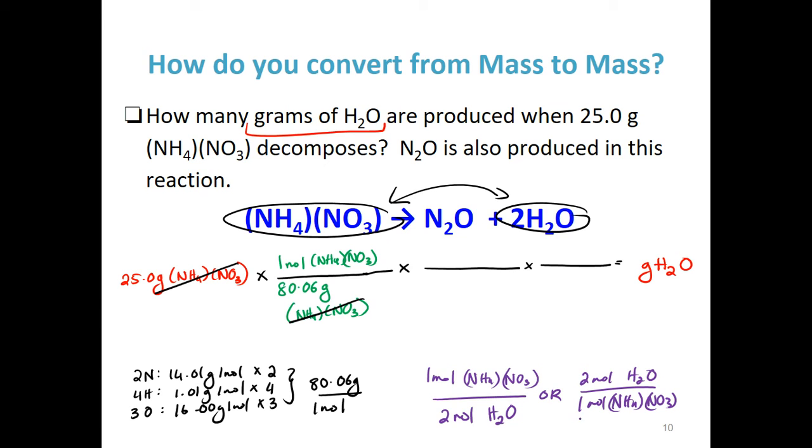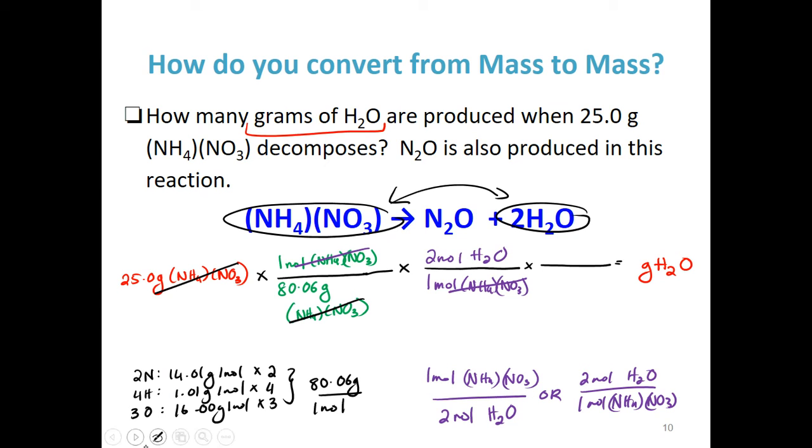So that means I need to use the conversion factor that cancels out moles of NH4NO3. That's going to be the second conversion factor. So 1 mole of NH4NO3 goes over here. The reason it's 1 mole is because there's no coefficient in front of the ammonium nitrate in the balanced equation. Okay, then 2 moles of water because 2 is the number in front of water in the balanced equation. Now we have cancelled out moles of ammonium nitrate, and we are left with moles of water.